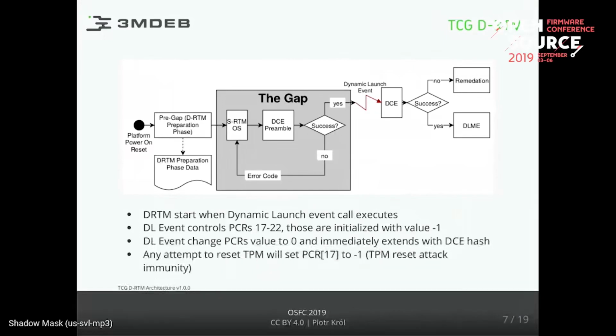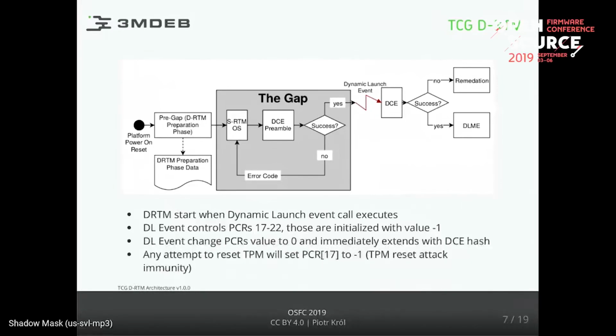Then we either have SRTM or we don't have SRTM, so we boot our firmware. The DCE preamble is the preparation, or environment configuration, to run the dynamic launch event. Some steps are typically needed. Then we have the dynamic launch event. This is exactly our SKINIT or SENTER instruction. Then some code is run.